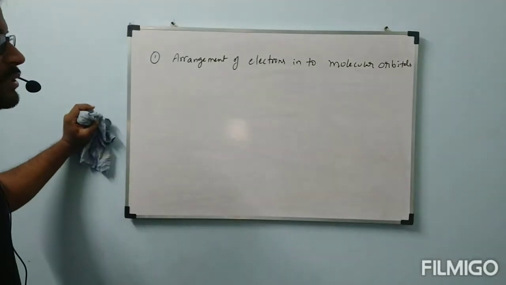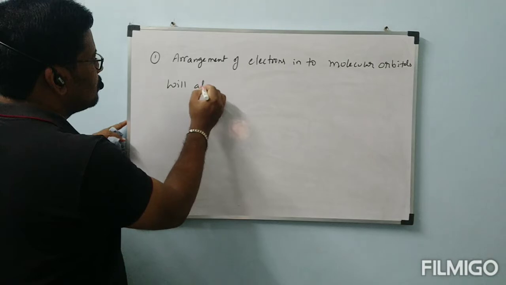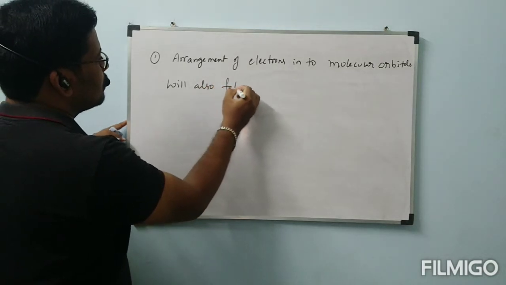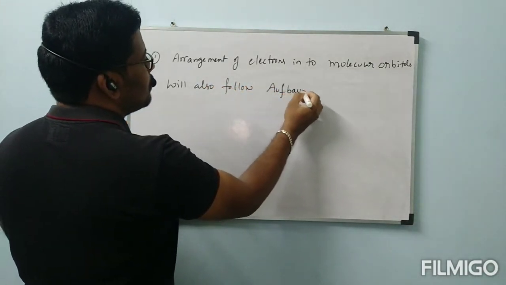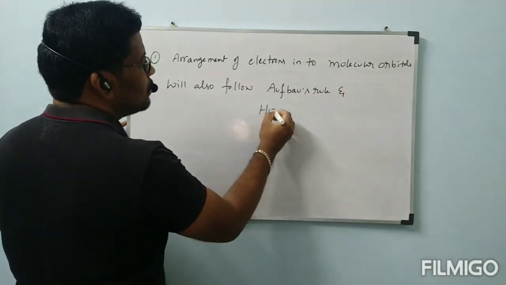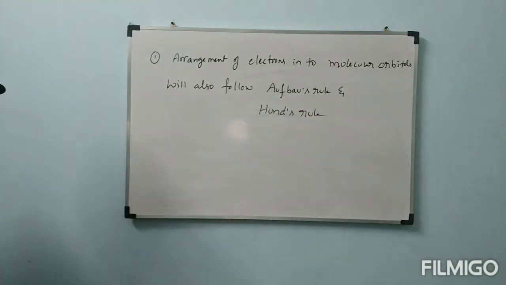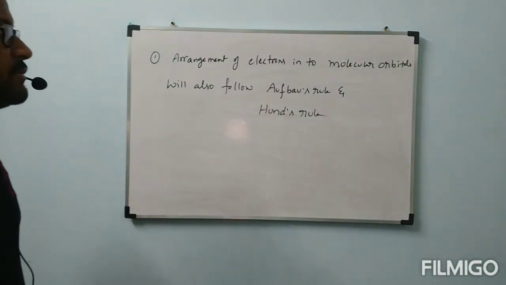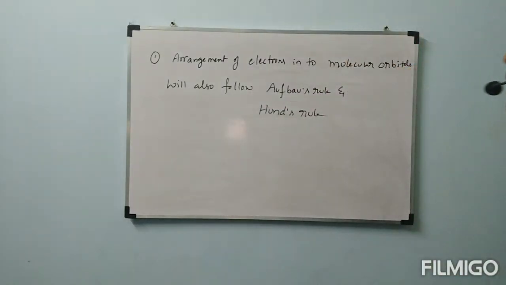Arrangement of electrons into molecular orbitals will also follow Aufbau's rule and Hund's rule. One of the important points is the arrangement of electrons into molecular orbitals, which also follows Aufbau's rule and Hund's rule.